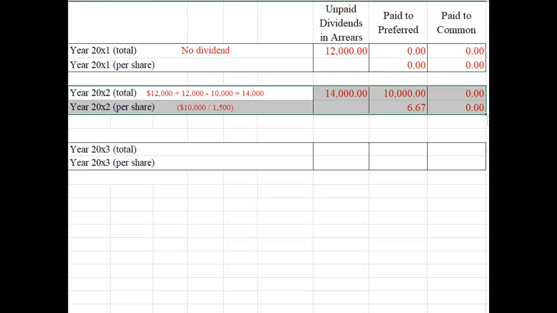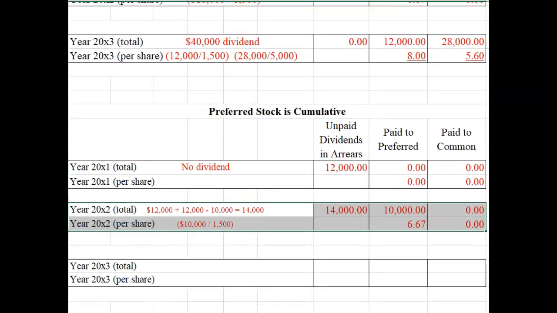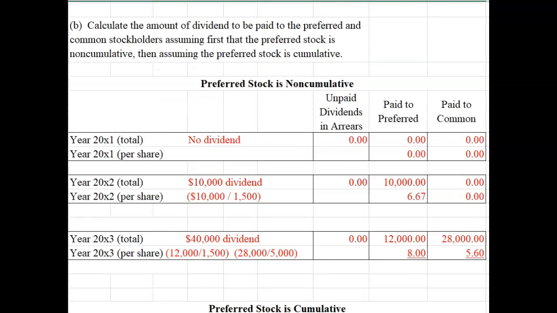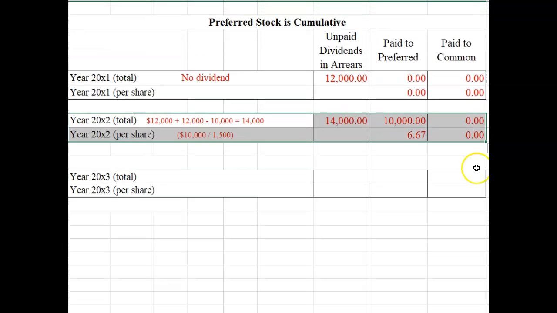Our obligation to the preferred shareholders is the first $12,000 of dividends paid each year. So in year two, we owe our preferred shareholders the $12,000 they did not get paid in year one, plus the $12,000 for year two. We paid them $10,000.